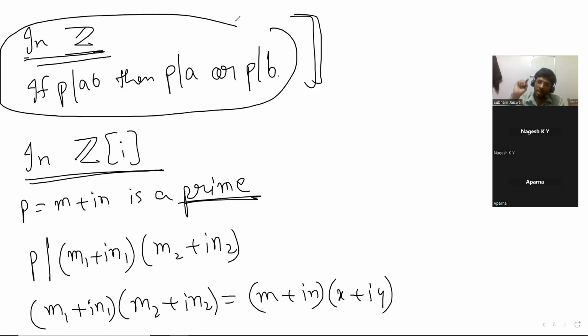If you go back to the rational root theorem proof, I was highlighting that it was very important: if P divides the product of two things, it should divide one of them. If it doesn't divide one of them, it should divide the other. Because if you know P doesn't divide A, then P will divide B. For those kinds of things, we need this.